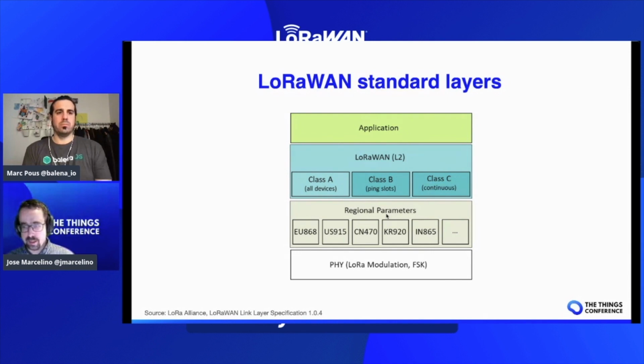And this is set by something called the regional parameters in the LoRaWAN specification. It just gives us a list of numbers of how things should operate. On top of that, we have the physical layer. This is how the actual radio is modulated, so how the data is encoded in the radio side to meet that LoRaWAN specification.